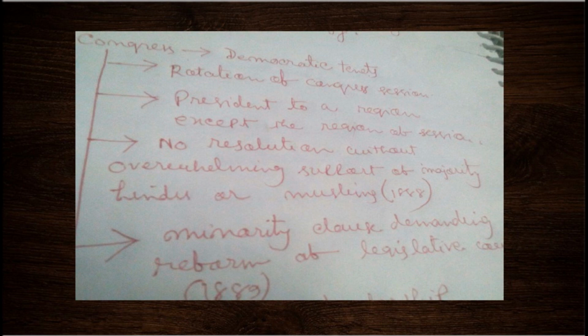Another thing is that there was to be no resolution without the overwhelming support of the majority of Hindus or Muslims. In 1888, the Congress session took a resolution adopting a proposal that no resolution can be passed without overwhelming support of the majority of Hindus or Muslims. Then another democratic clause Congress adopted was the minority clause demanding reform of the legislative council.